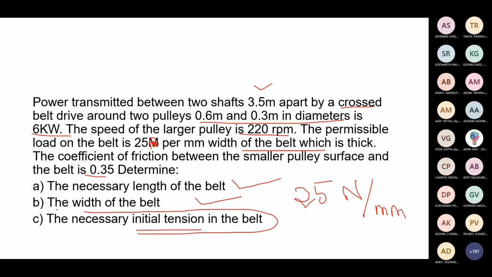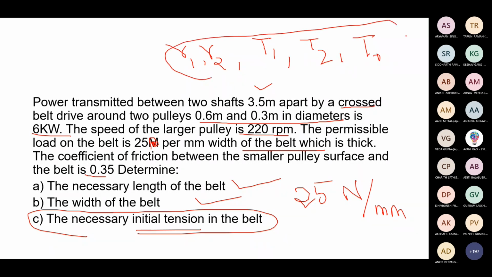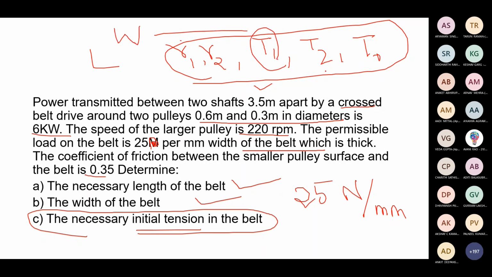You should know R1 and R2 to find out length. Then find T1 to calculate width, and find T2 to calculate initial tension. You have to find these in this order. R1 and R2 are given, so calculate the length from that, then calculate T1, calculate width from that, then calculate T2 and then calculate T0. You have to use the right equations to solve this particular problem.